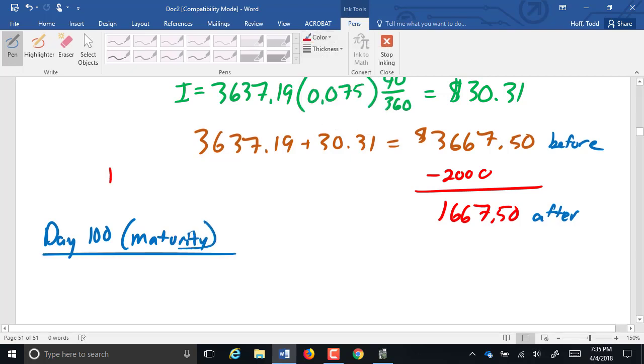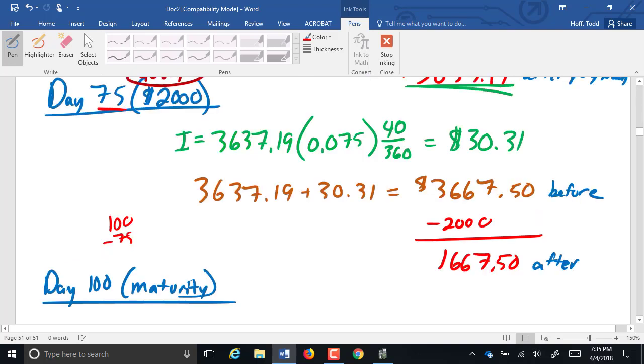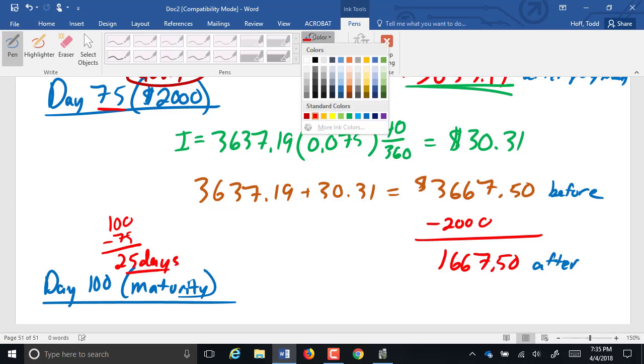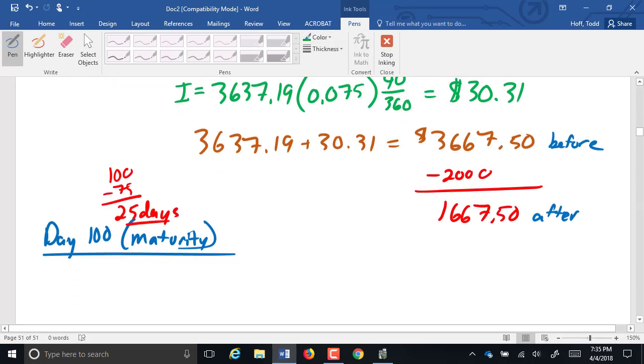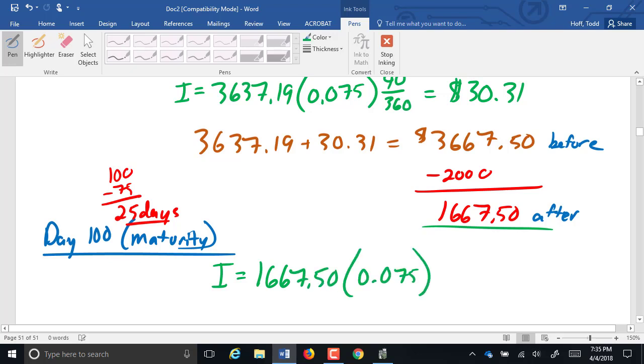We're going to take that 100, subtract 75, because that's where we're at this last point. There's 25 days gone by. So we take that previous balance of 1,667.50 times 0.075, 25 over 360.